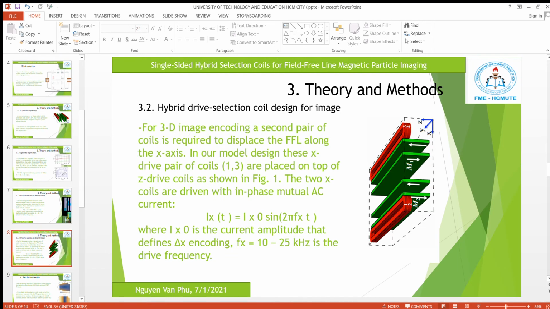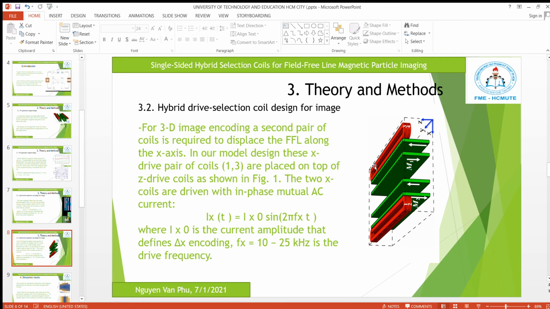For 3D image encoding, a second pair of coils is required to displace the FFL along the x-axis. In our design, the X-driver pair, coils 1 and 3, are placed on top of the Z-driver coils as shown in Figure 1.